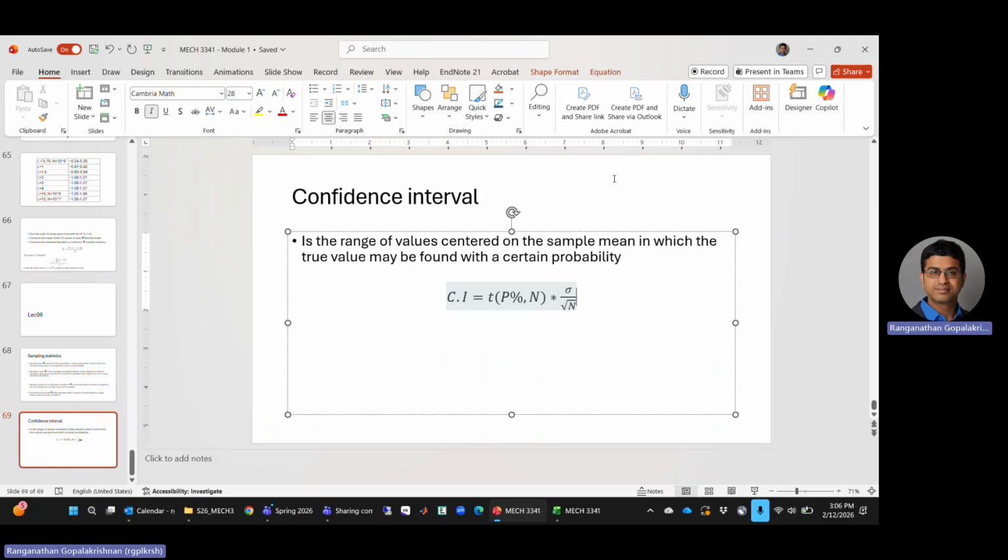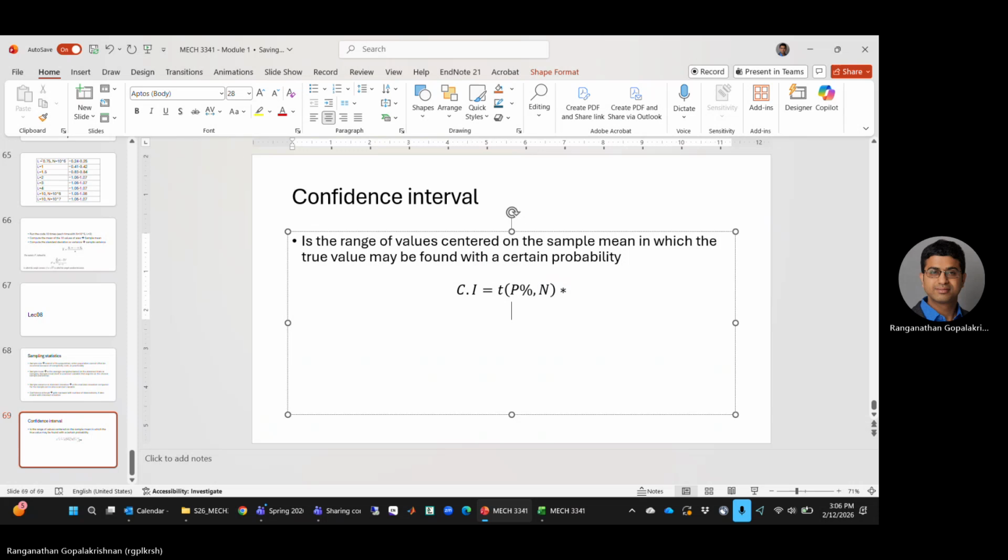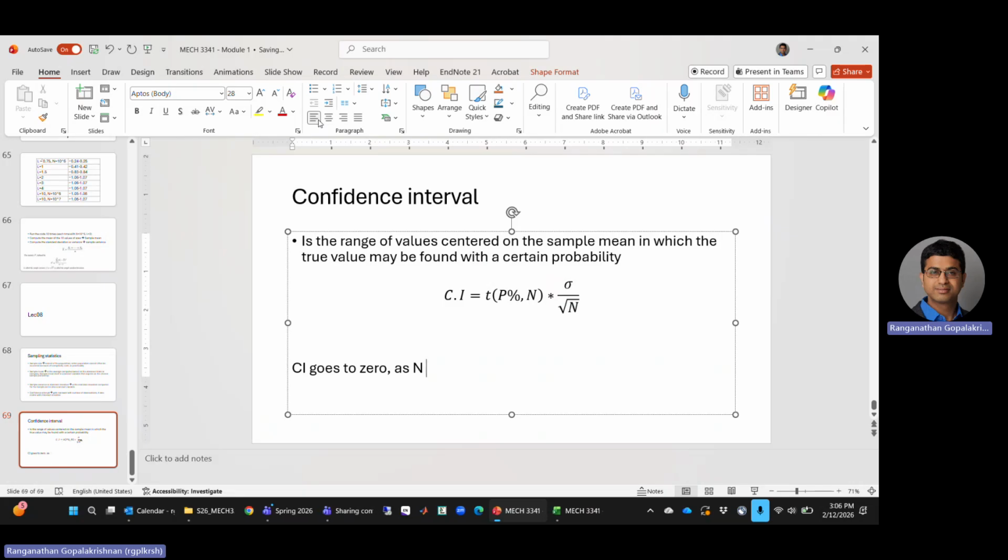So the first property that you can easily write down is, CI goes to 0 as n becomes large, as we do more observations. Can you tell me what's the interpretation of that? What does CI goes to 0 mean?